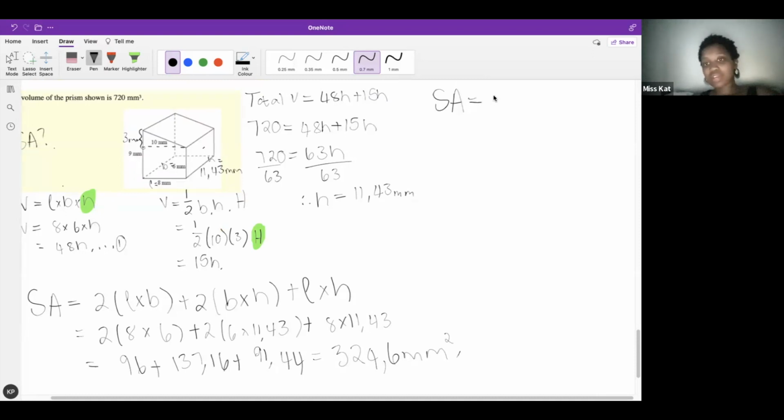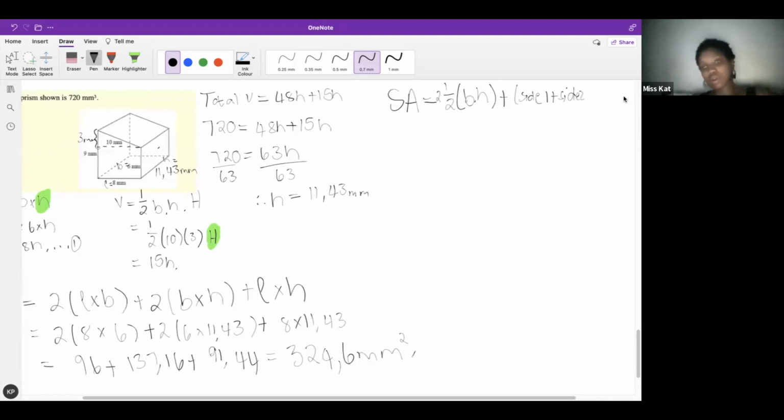So I'm going to say surface area is 2 times half base times height for the two triangles, plus side 1 plus side 2, and that's going to be times the height. So it's 2 times a half of the base, which is 10.